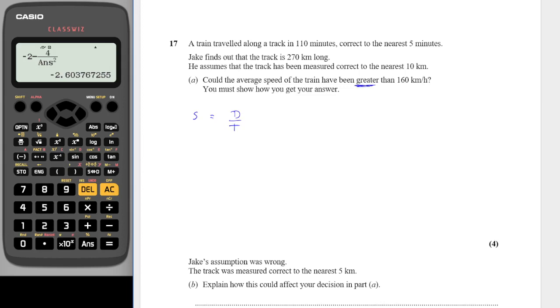Could the average speed have been greater than? So we want to find the maximum. So we want the upper bound of S. To do that, we need to take the upper bound of the distance and divide it by the lower bound of the time.